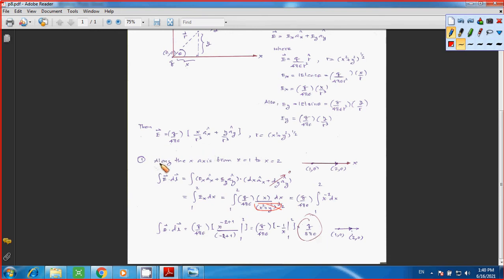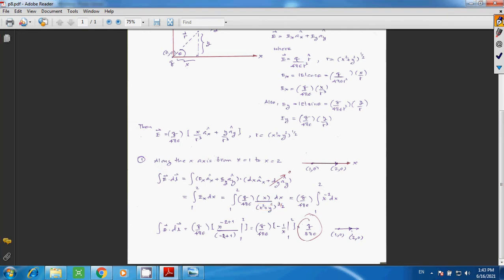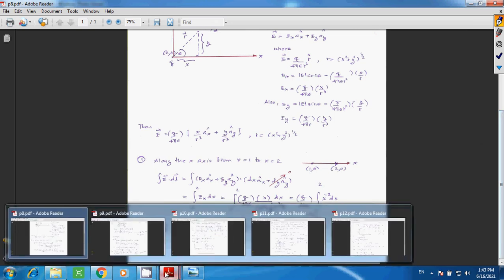Now we are going to do the next line integration path.